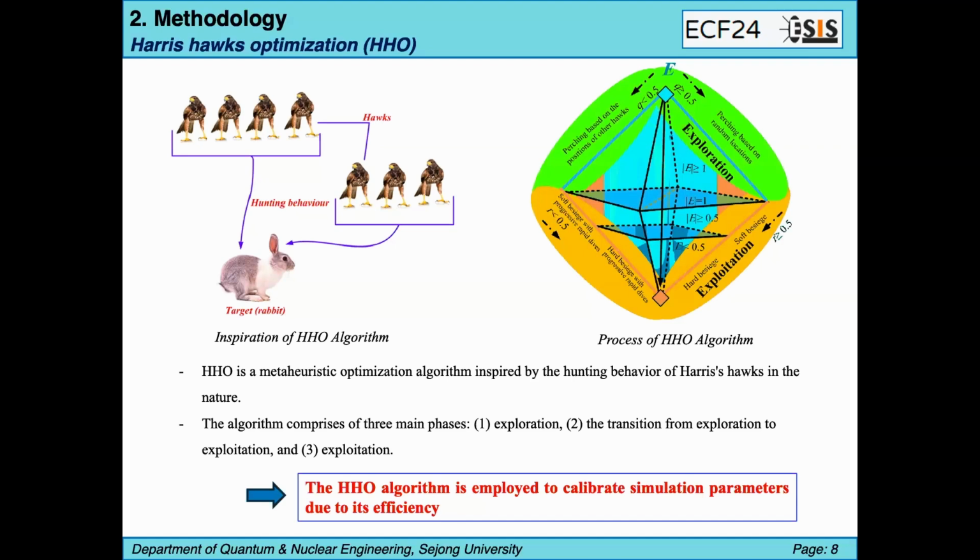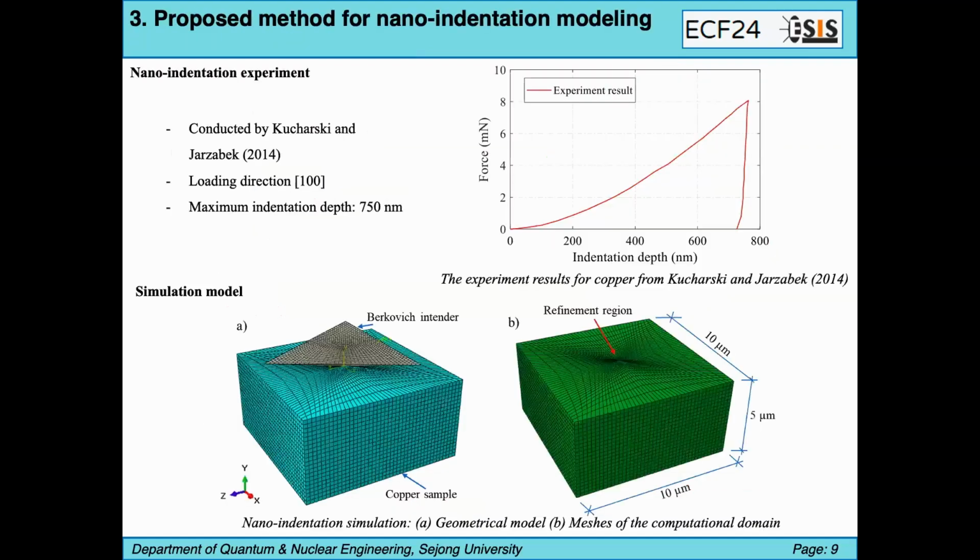The first phase is the exploration, the second is the transition from exploration to exploitation, and the last is the exploitation. Due to its efficiency, the HHO algorithm is employed to calibrate the simulation parameters in this study.